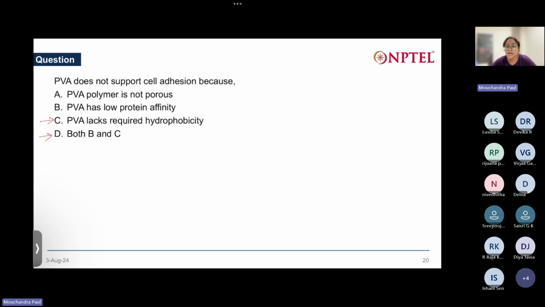But if it is towards hydrophobic nature, let's say of PCL, polycaprolactone, that is hydrophobic in nature, but it is not very hydrophobic, like super hydrophobicity. Its hydrophobicity is less than that level. So what happens on hydrophobic surfaces is that the water molecules initially do interact, but this interaction between the water molecules and the hydrophobic surface is not as strong as the hydrogen bonds.